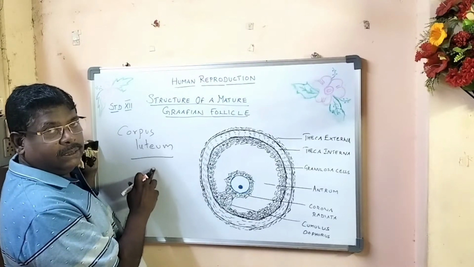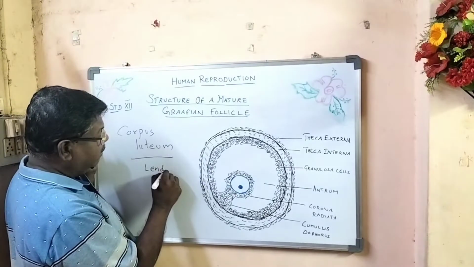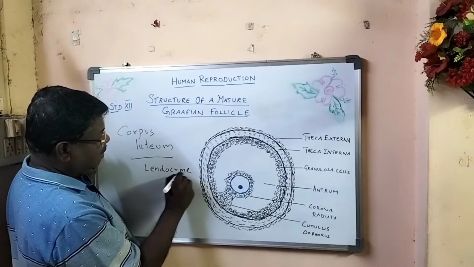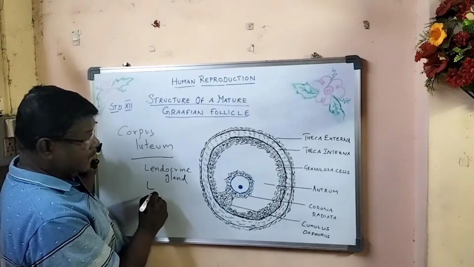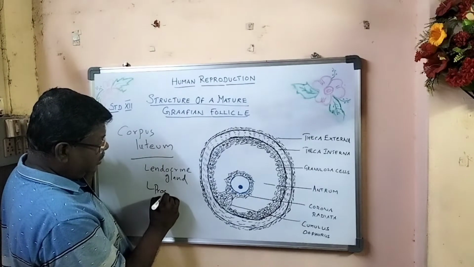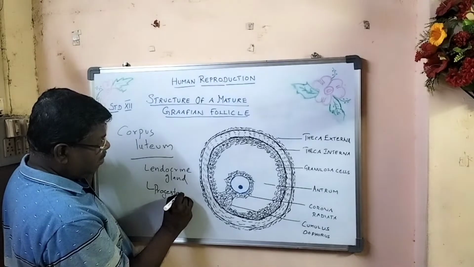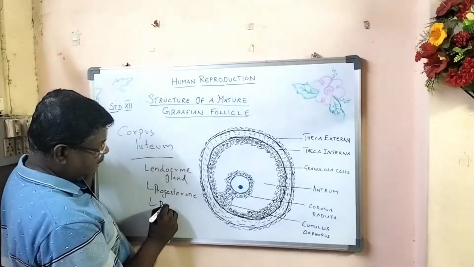Later, this remains and acts as an endocrine gland, producing a hormone called progesterone, and this helps in pregnancy.